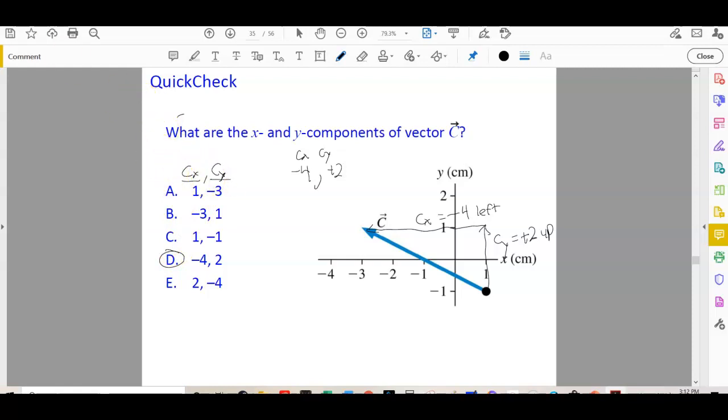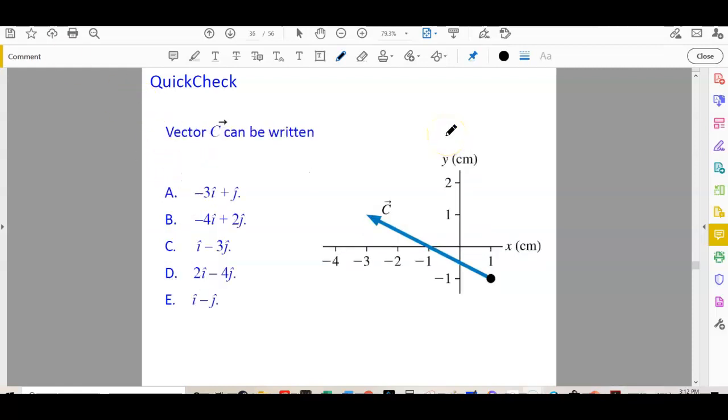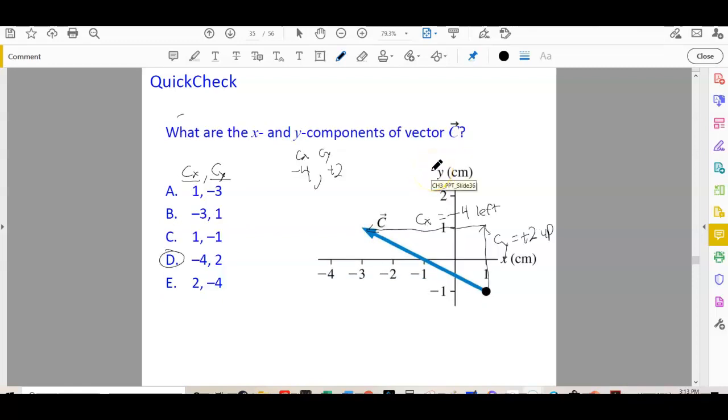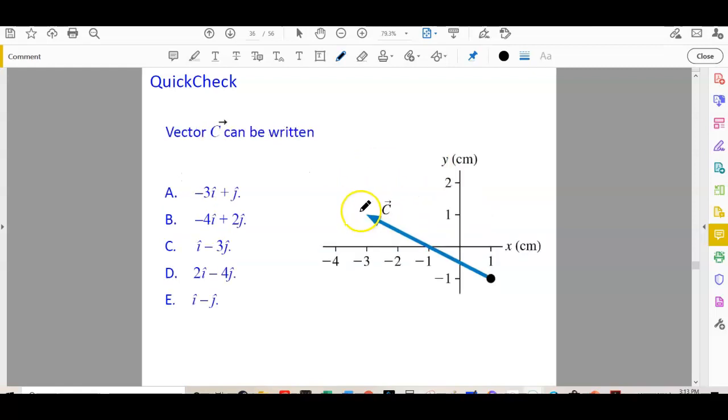Well, in this next problem, what I want you to do is take exactly what you did in the last problem, but represent it with unit vectors, okay? So C here is going to be Cx i hat plus Cy j hat, right?